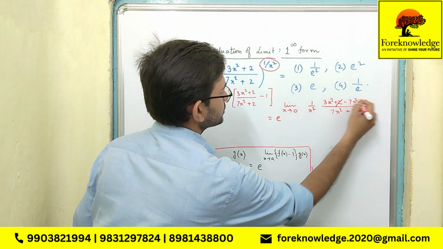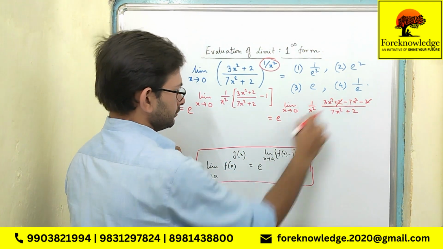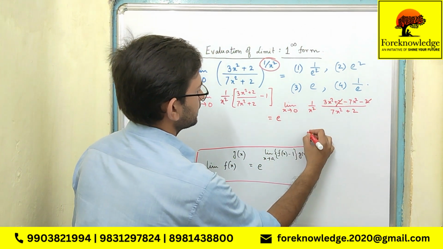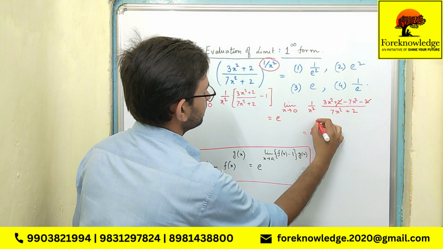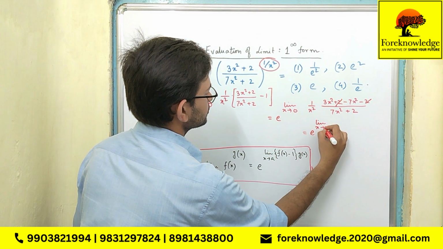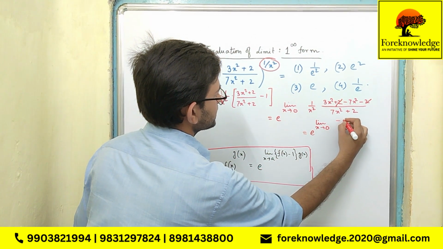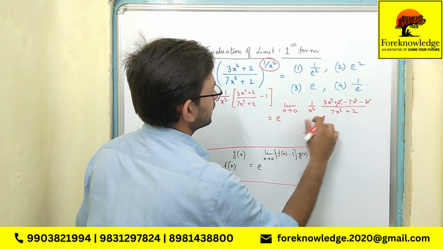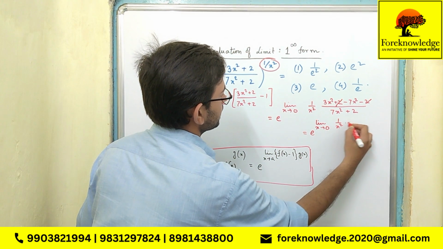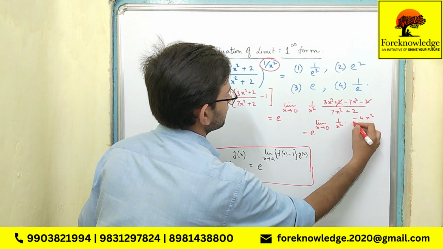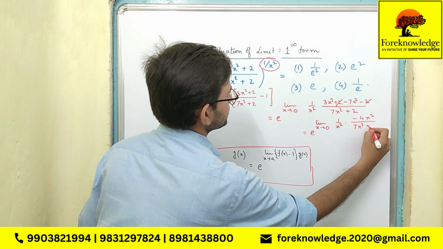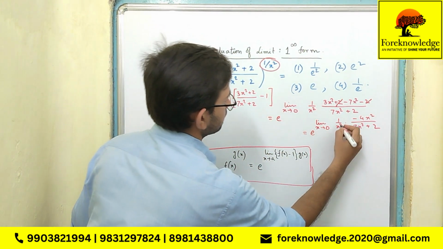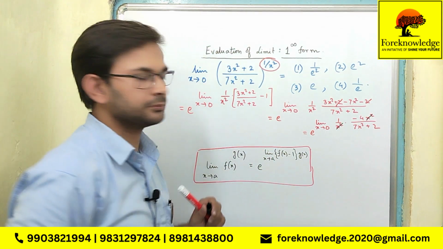So now this 2 will get cancelled. So in the numerator this is minus 4x square. So e to the power limit x tends to 0, 1 upon x square into minus 4x square by 7x square plus 2. Now these 2 will get cancelled out.